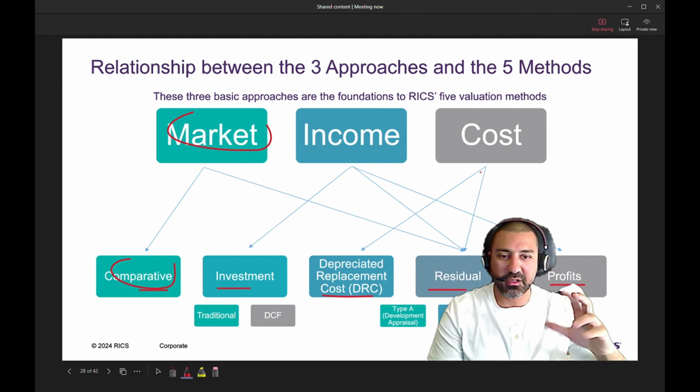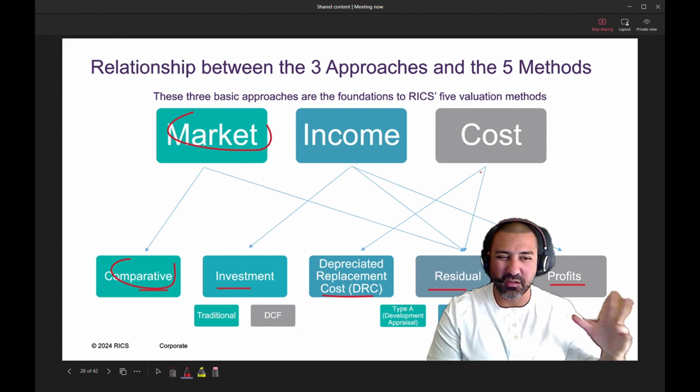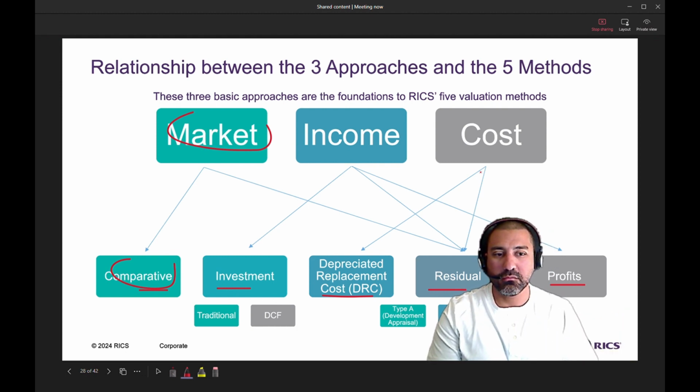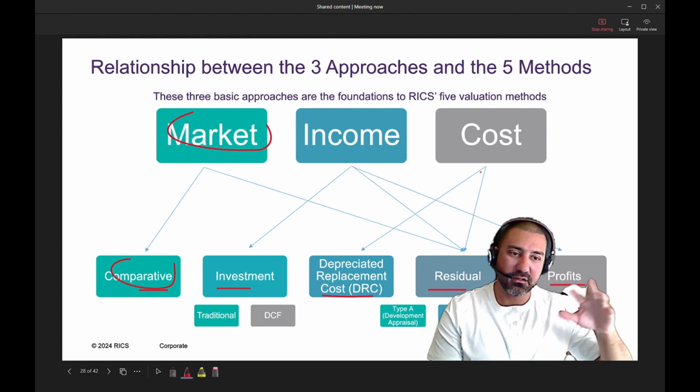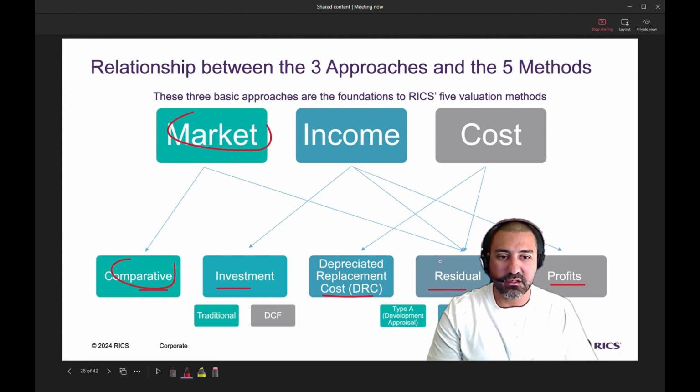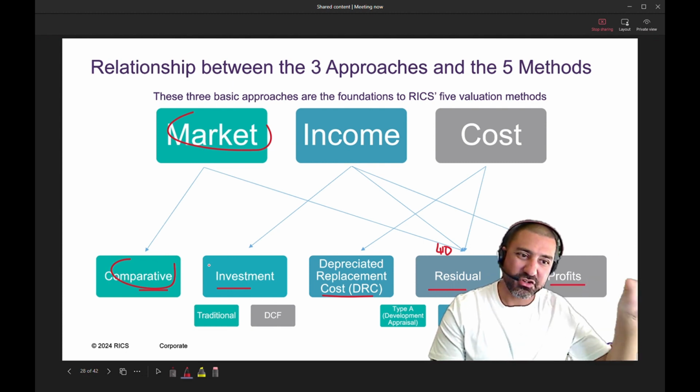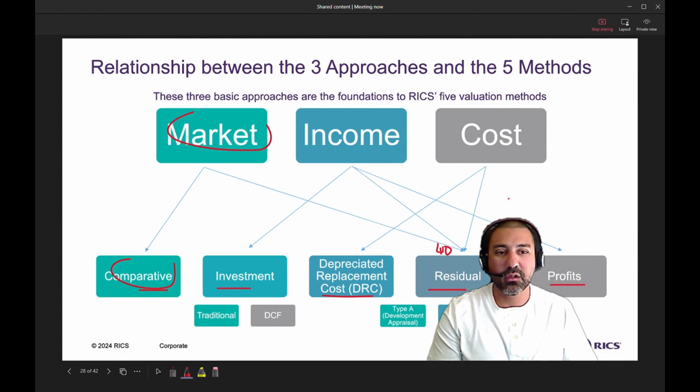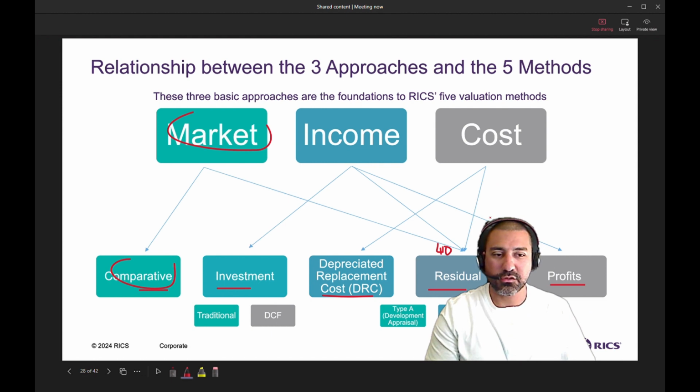This is why the residual method covers mostly the development appraisals. It's the 410 asset class, the residual method, right? All the other ones are 400. This was 410, so it's the additional aspect of the development appraisal. And the cost is again the DRC directly, and also a component of the residual method.